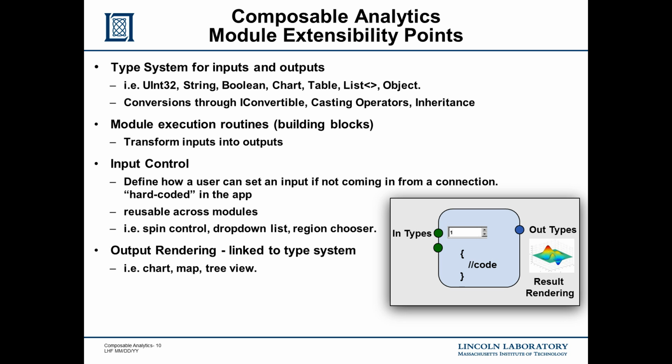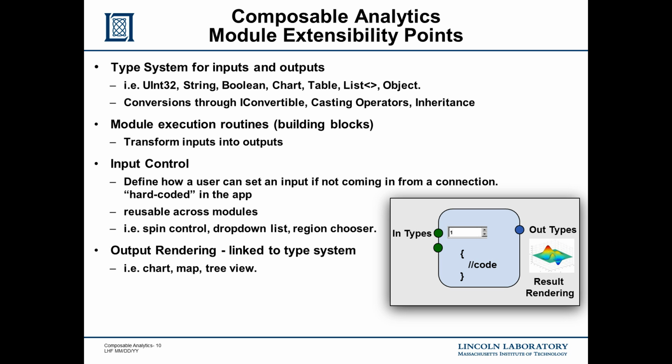The first is the actual type system. This is defining the input and output types of your module, and these types are shared across all modules, right? Some of the more atomic types might be integers or strings or booleans, and some of the more high-level ones might be charts or tables or lists, or it might just be an object. So we support inheritance, right? If one module is taking in an object, you could pretty much feed anything into it, whether it's a string, a boolean, a table, or a list.